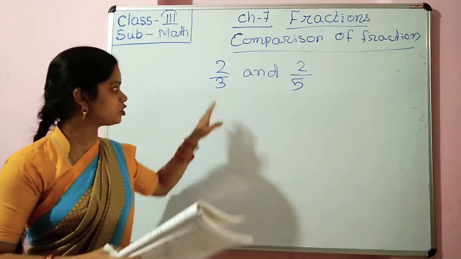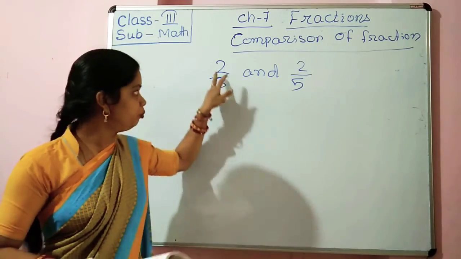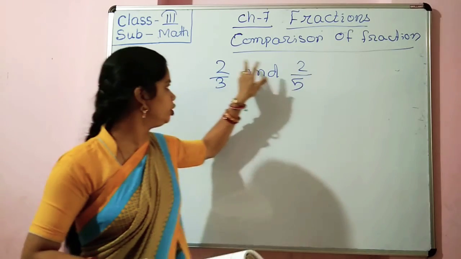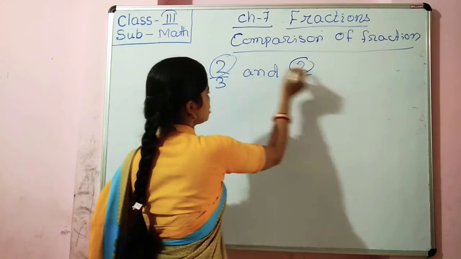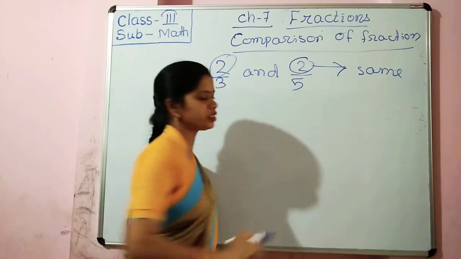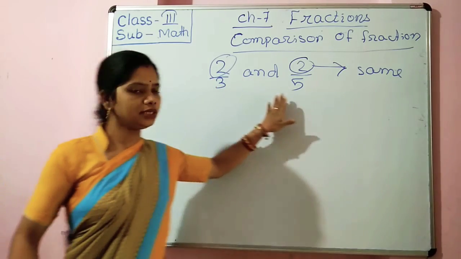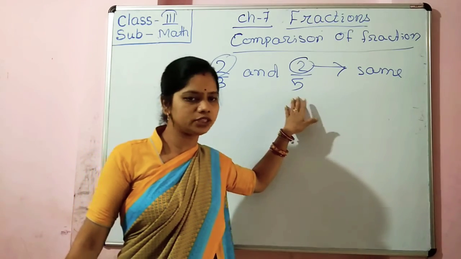Okay, which fraction is greater? How do we know? देखो, if the numerators are the same, here the numerator is 2. In this fraction also the numerator is 2. This is the same. The numerators are the same, but the denominators are different. Here the denominator is 3 and here the denominator is 5.